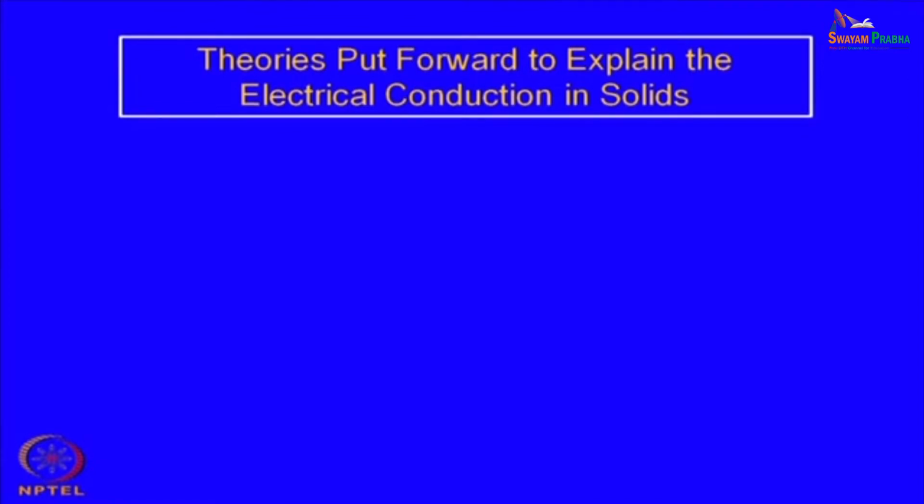Well, having understood that there is a huge range of conductivities available in different groups of materials, and their bondings, the nature of chemical bonds, are different, but so far as the resistivity is concerned, they can fall in a particular scale.